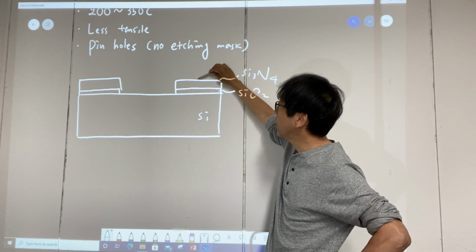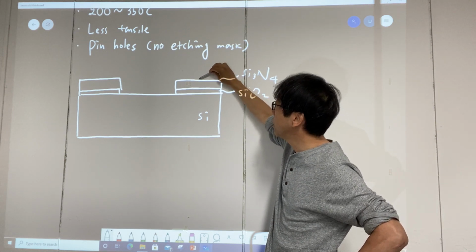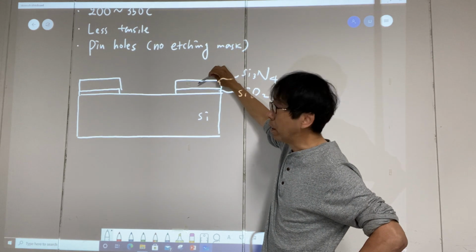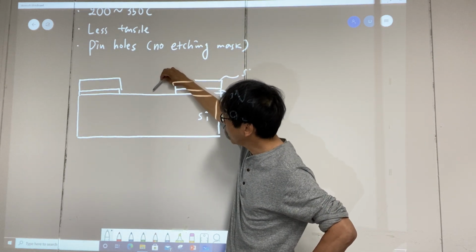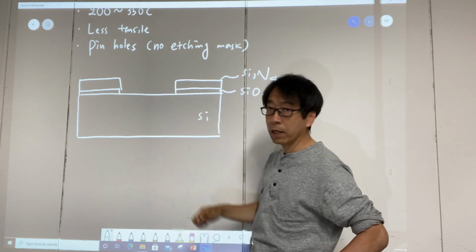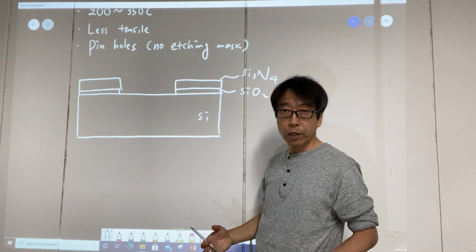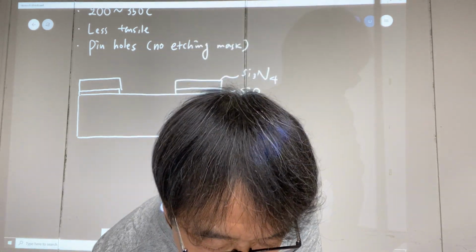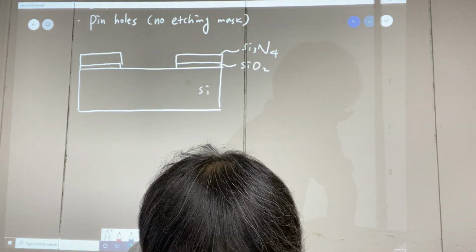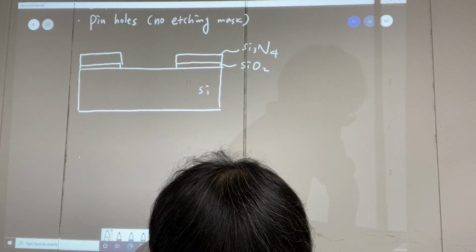So oxygen has a really hard time passing through this thin layer. Instead, the oxygen will react with this open surface of silicon to create the oxidized area. That's how we can create a window of oxide.